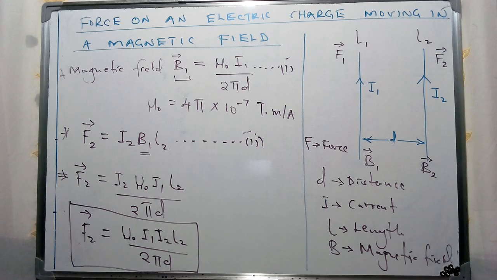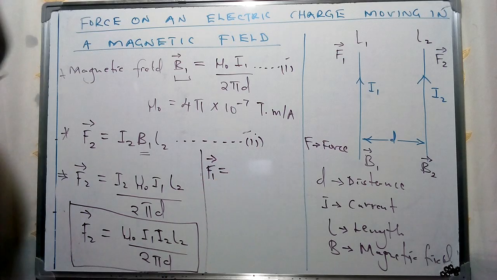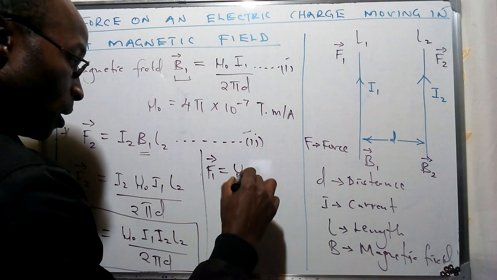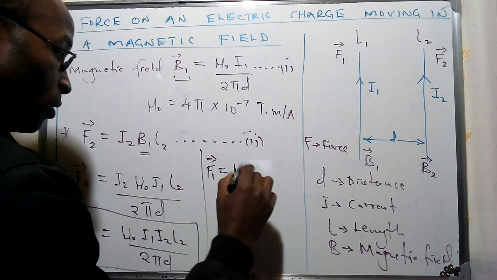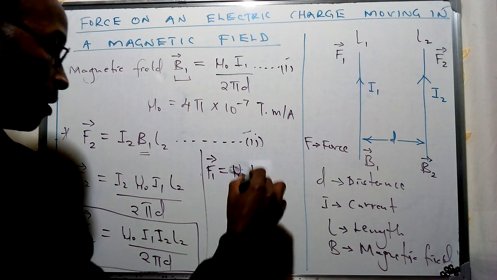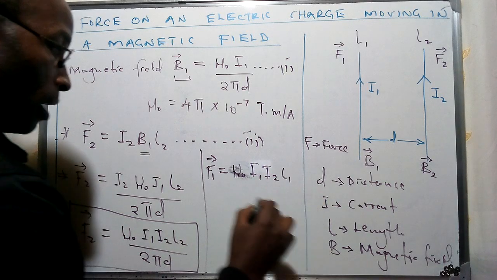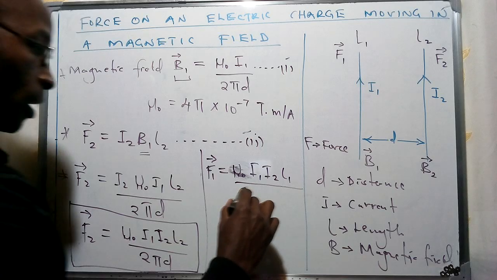Similarly, we can have an analogous equation for the force exerted by B2 on L1. F1 is equivalent to mu naught, the permeability of free space, times the current I1, and then the current I2, L1 divided by 2 pi d.